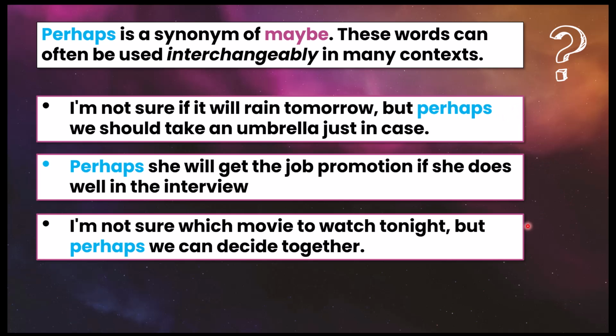So these are the previous examples I showed you, but we have replaced the word maybe with perhaps. I'm not sure if it will rain tomorrow, but perhaps we should take an umbrella just in case. Perhaps she will get the job promotion if she does well in the interview. So if you can replace maybe with perhaps, then it's okay to write it without a space between may and be.